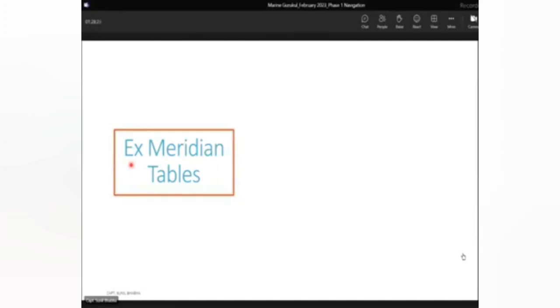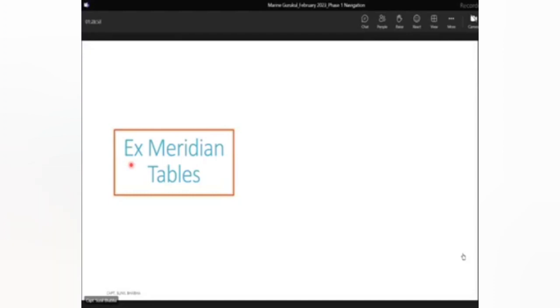To give you an example, let us say the meridian passage of the sun was at 1200. Now, for using X meridian, there is a particular band of time in which it can be used. Just to give you an example, if that band or period is 15 minutes, so 15 minutes before Marpas and 15 minutes after Marpas, that is the period in which X meridian can be used.